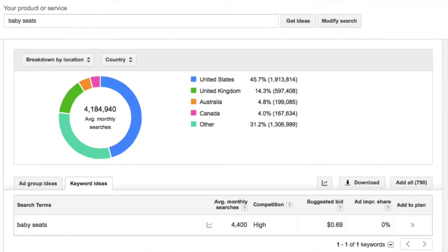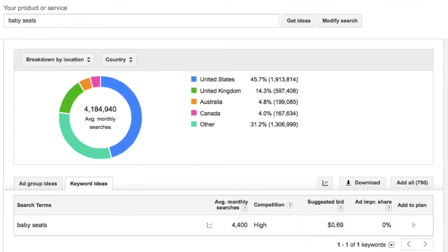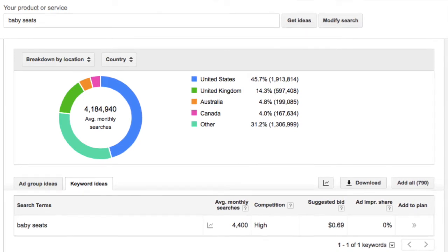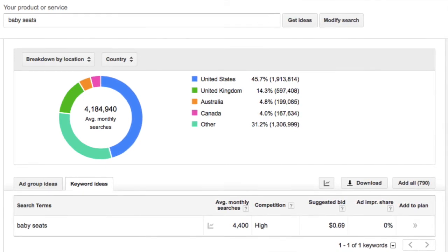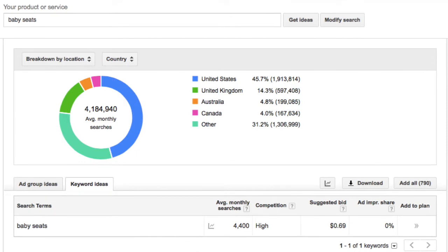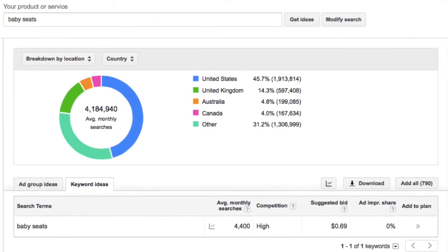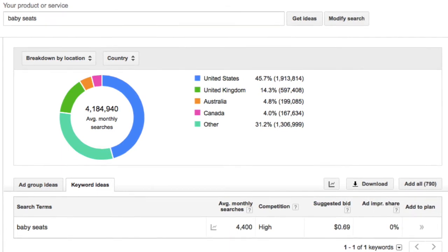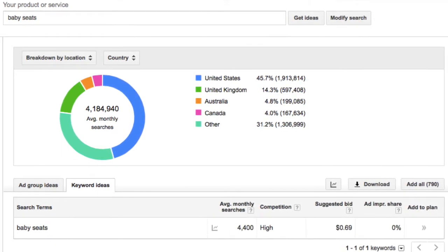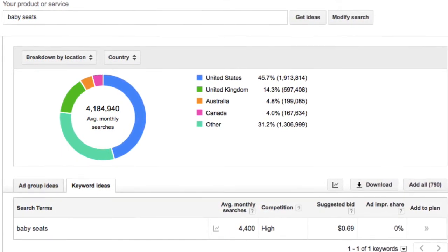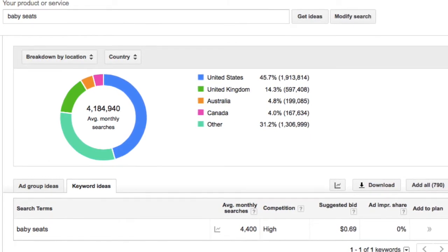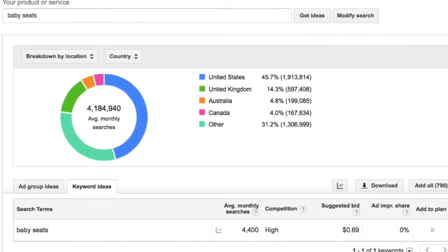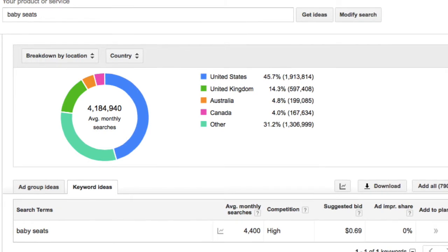You can also see the breakdown by country, so you can check if that niche market is popular in countries where e-commerce is growing strong. This serves to validate your niche idea further. If the majority of people searching for keywords related to your niche are not in developed countries where buying online is mainstream or common, then chances are you will not make much money with this niche idea.